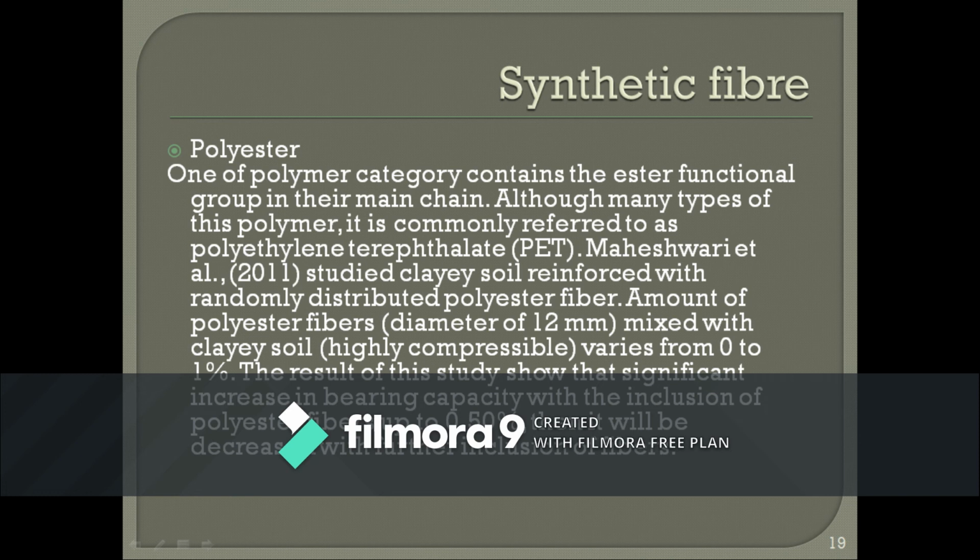It was studied that in clay soil reinforced with randomly distributed polyester fiber, the amount of polyester fibers mixed with clay soil varies from 0 to 1%. The result of this study showed a significant increase in bearing capacity with the inclusion of polyester fibers up to 0.5%. Then it decreases with further inclusion of fibers.